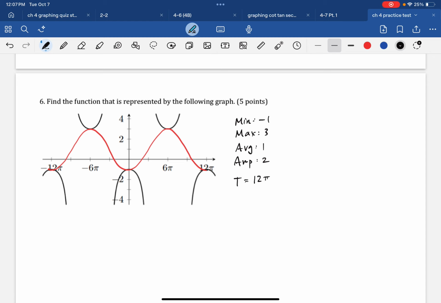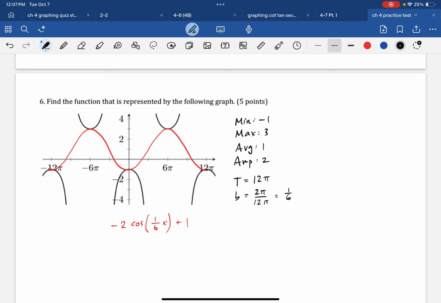So the period is 12 pi, which means that b is equal to 2 pi over 12 pi, or 1/6.